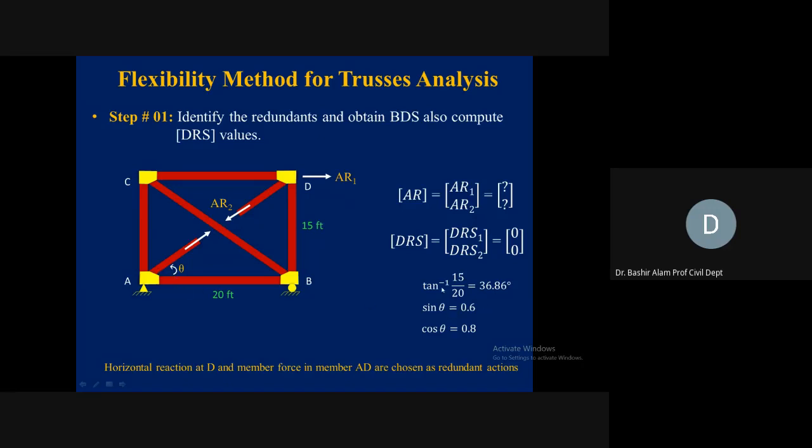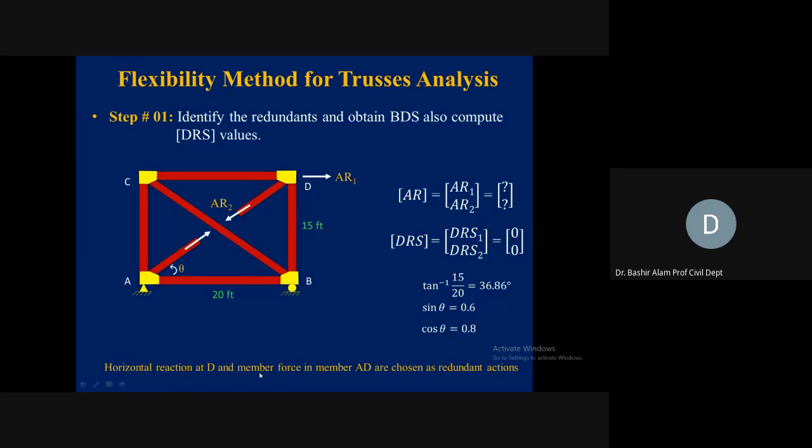So first we find out the theta. Theta will become tangent inverse of 15 divided by 20, which is 36.86. Sine theta is the sine of this 36.86. These numbers will help you in resolution of the members into the rectangular components.